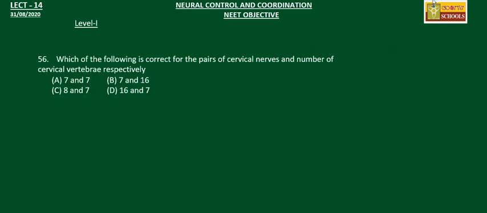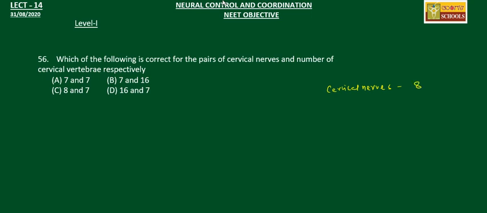The next question: which of the following is correct for the pairs of cervical nerves and the number of cervical vertebrae respectively? We have already seen the cervical nerves. There are a total of 8 pairs of cervical nerves.